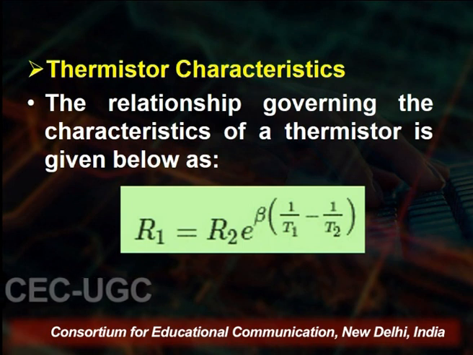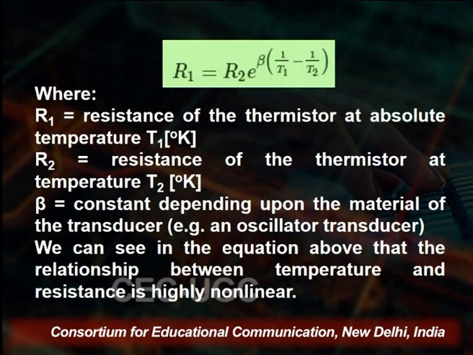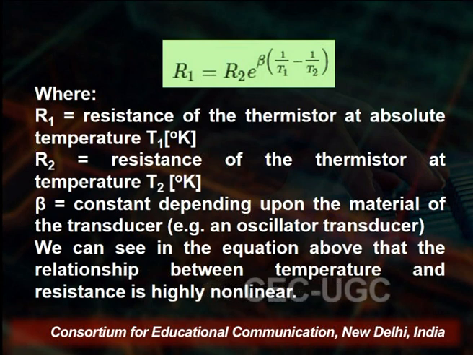If we define the thermistor characteristics, this relationship defines them: R1 is equal to R2 e power beta (1 by T1 minus 1 by T2), where R1 is the resistance of the thermistor at absolute temperature T1 in Kelvin, and R2 is the resistance of the thermistor at temperature T2.